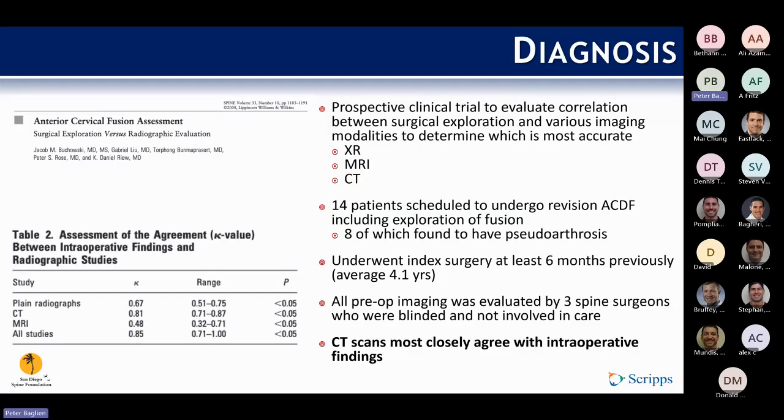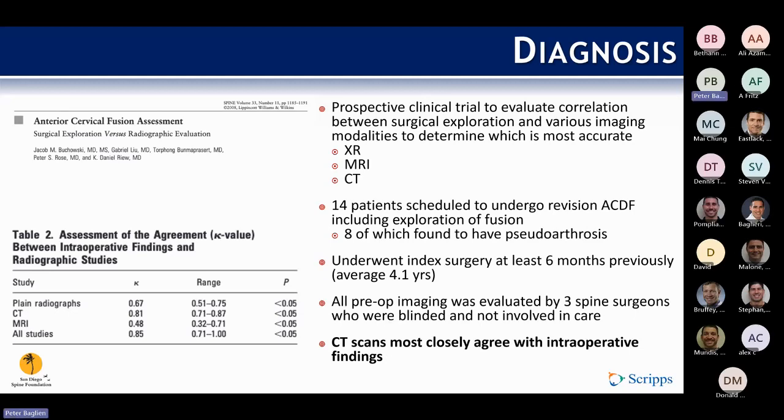So how should we diagnose these? This was a 2008 paper published in Spine that looked at anterior cervical fusion assessment, and this was a prospective clinical trial that looked at various imaging modalities to assess which was the most accurate.